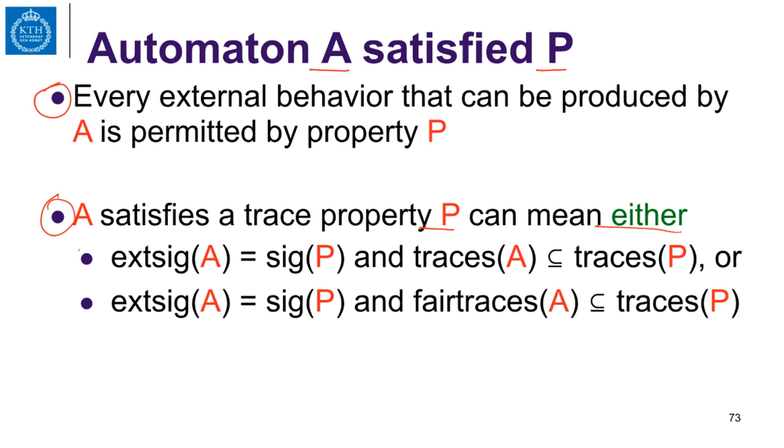first, the external signature of A is the same as the signature of P. That's normal. You have the same kind of events.